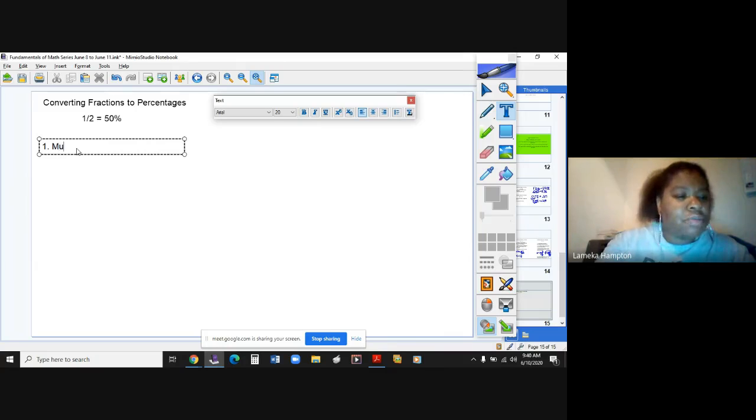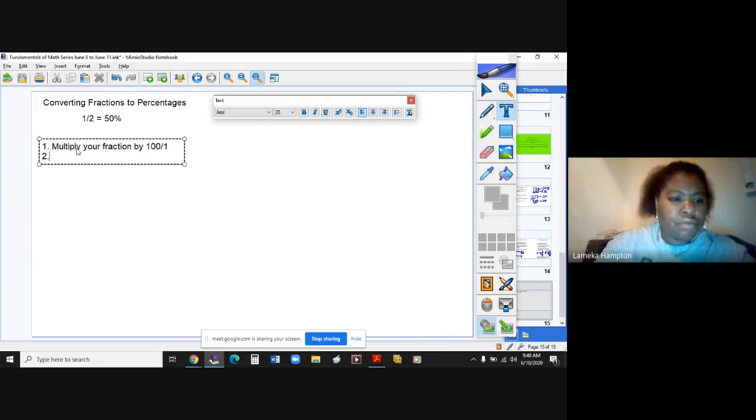So you're going to multiply by 100 over 1. Remember, the word percent means for every 100. So when you are converting your fraction to a percent, you are simply just multiplying that fraction by 100 over 1.